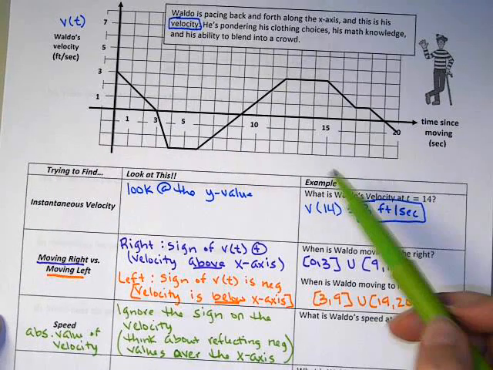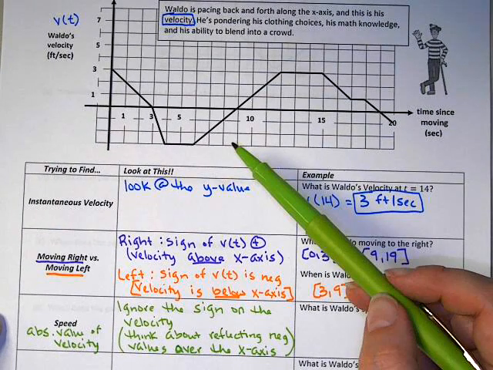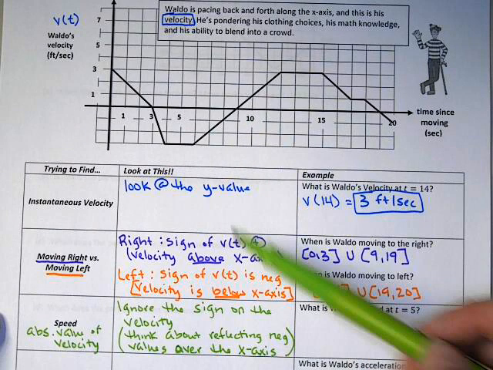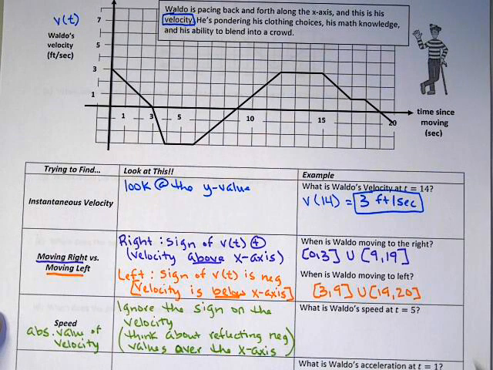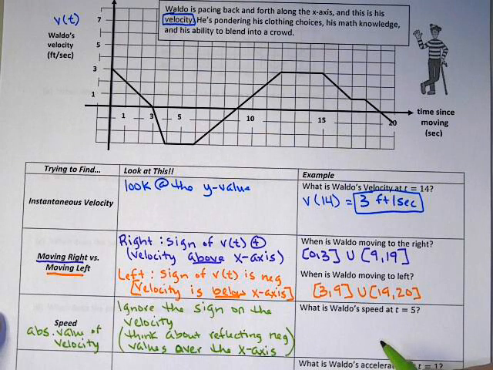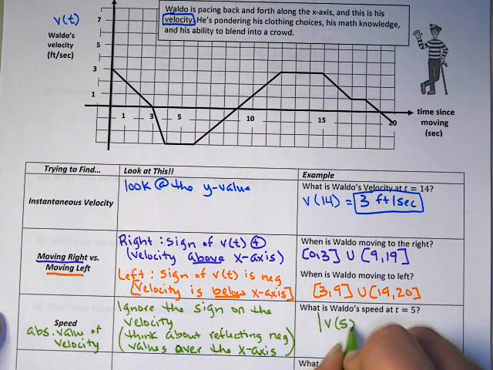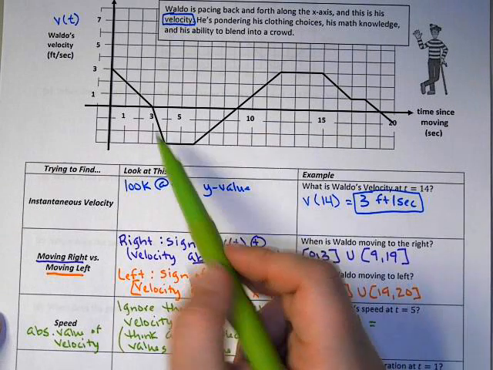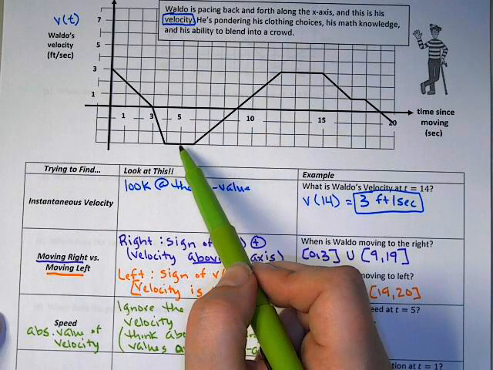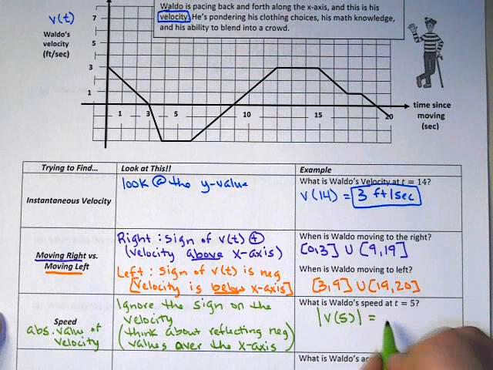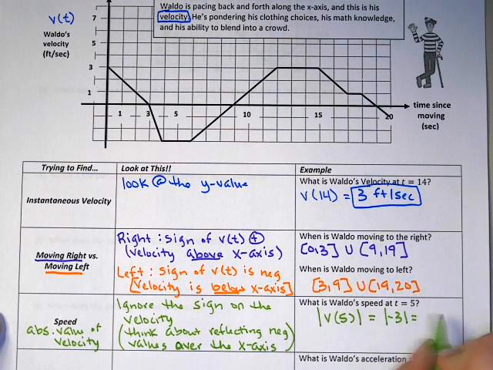So in other words, we can take all of these negative values and just reflect them up. That's the same as just ignoring the sign, okay? So Waldo's speed at time t equals 5 really means the absolute value of his velocity at 5. So here's 5, his velocity is -3, which means his speed at 5 is just 3 feet per second.